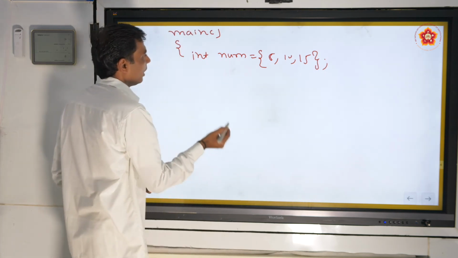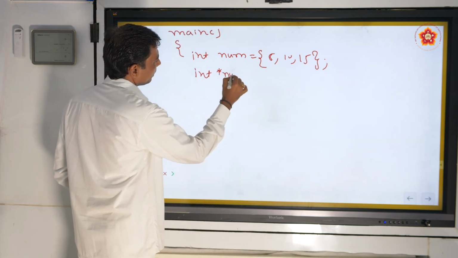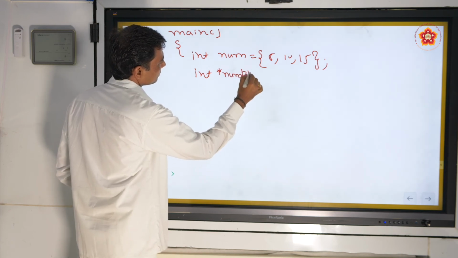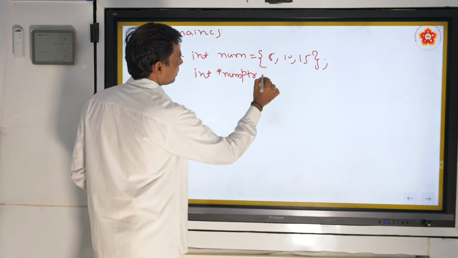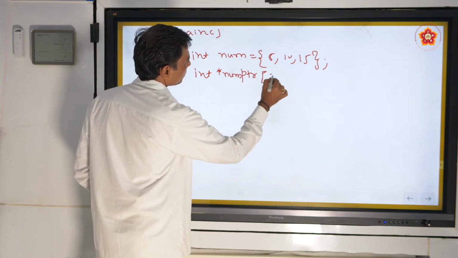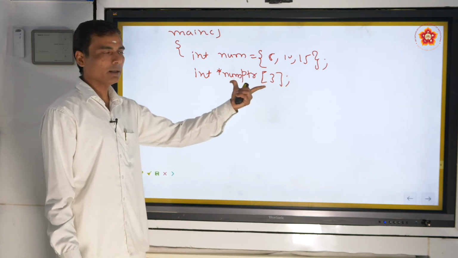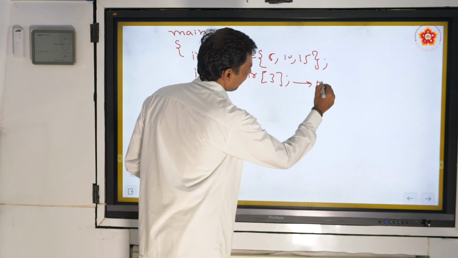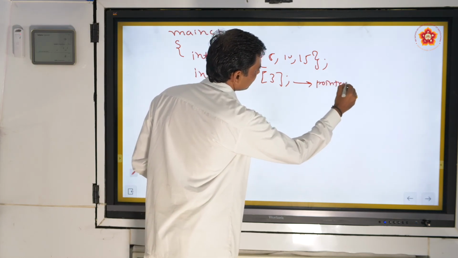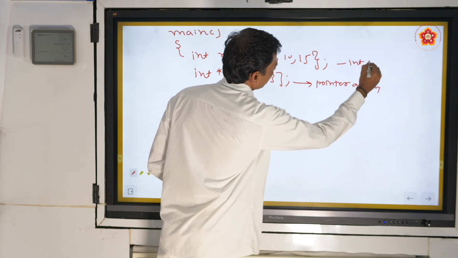And one pointer array I am going to create, numptr, whose size is also 3. That means numptr is a pointer array and num is the integer array.